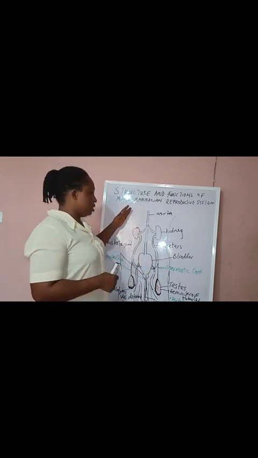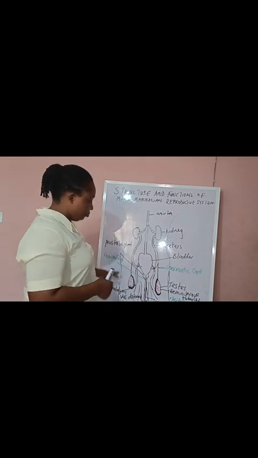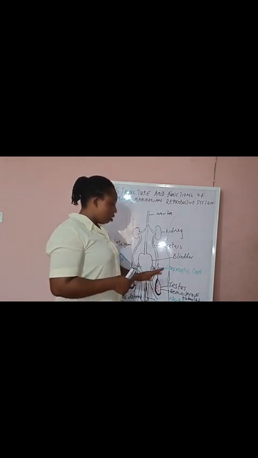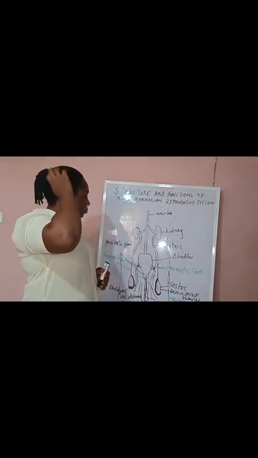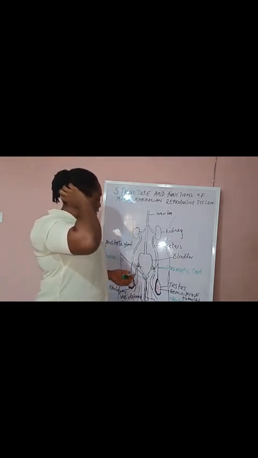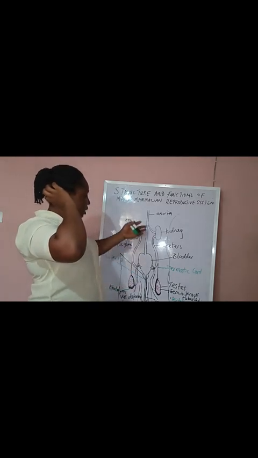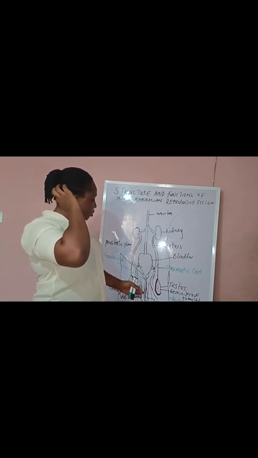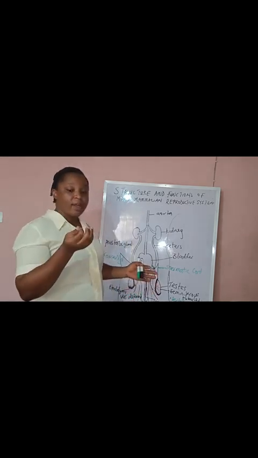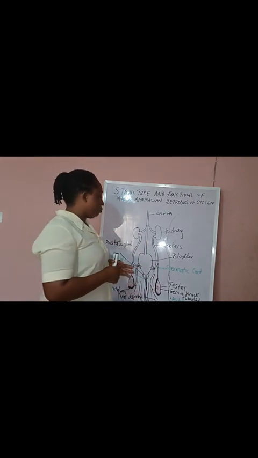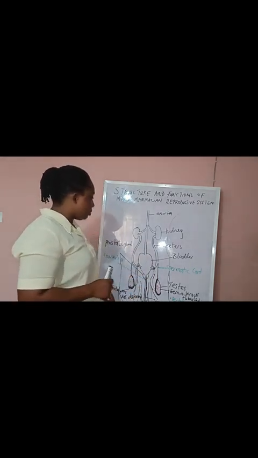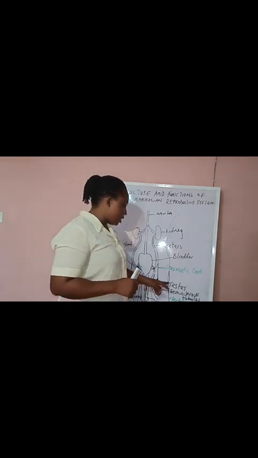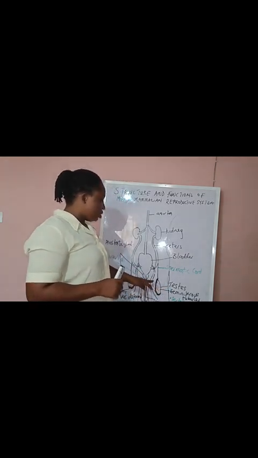This is a diagram of the male reproductive system. You can see part of the excretory system that is part of the reproductive system, because they are interconnected. The first one we're going to talk about is the testes.